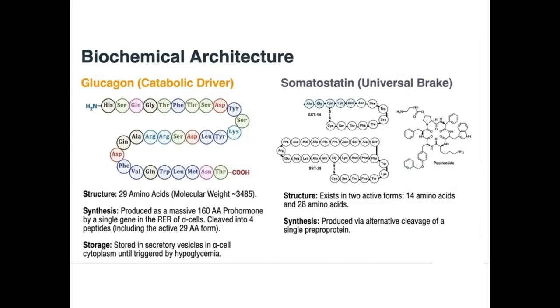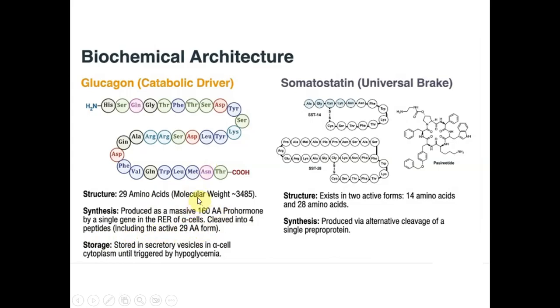In this slide, you can look at the chemistry. Glucagon is a linear polypeptide consisting of 29 amino acids, and its molecular weight is 3,485. It is produced as a large 160 amino acid preproglucagon by a single gene in the rough endoplasmic reticulum of alpha cells and leads to four peptides, including the active 29 amino acids.